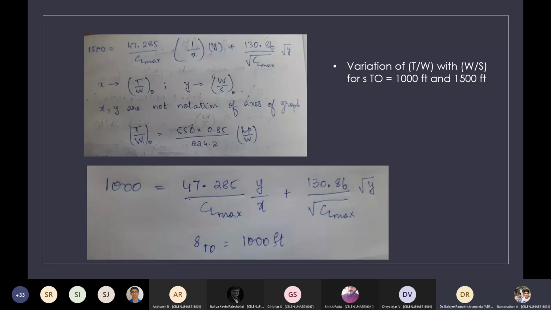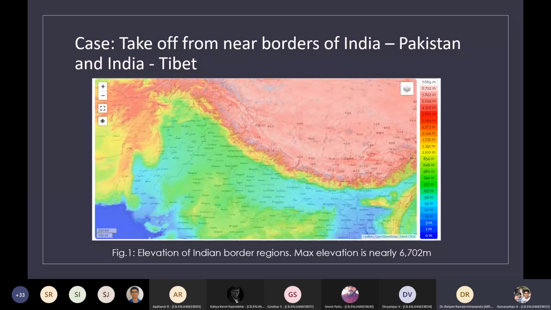As it comes out to be short takeoff and landing, there are situations in India where we have given two types of borders. The elevations in the two types of borders are different, so we have taken the highest altitude, which comes out to be 6.7 kilometers elevation. For that elevation, we have calculated takeoff length and landing length and other parameters.